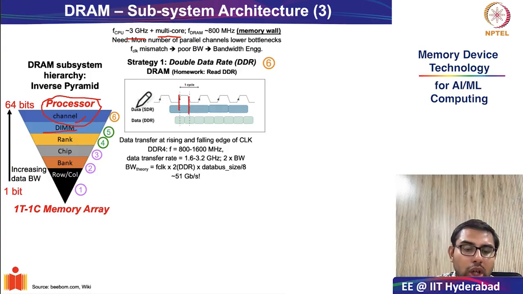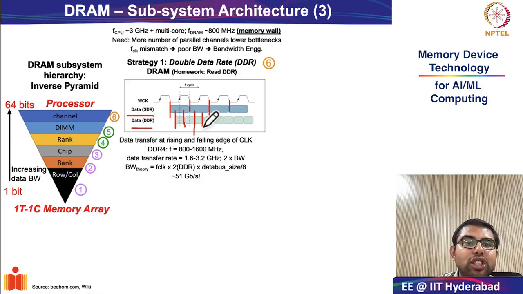So let's compare single data rate, where data is only transacted on the falling edge of the clock, versus double data rate, where data is transacted on the rising and falling edge of the clock. Naturally, the bandwidth of the system becomes double without even changing your clock speed.